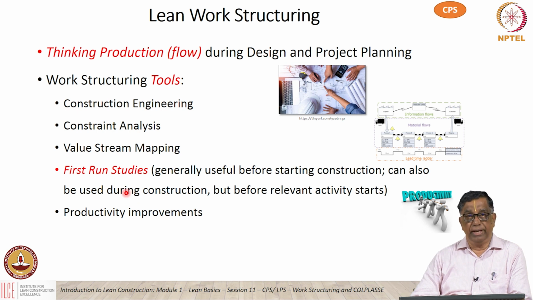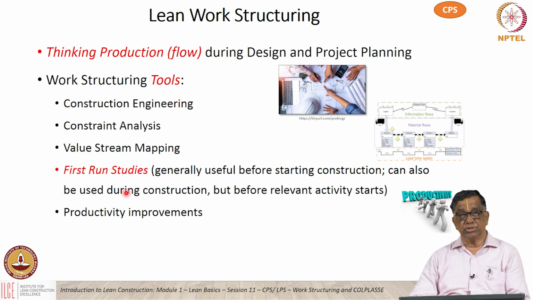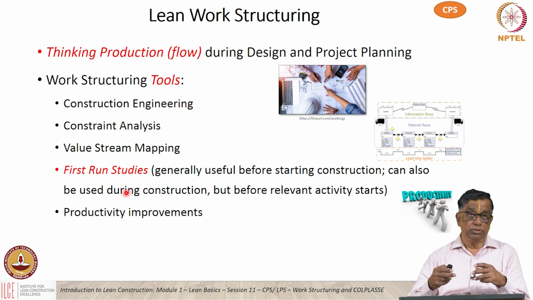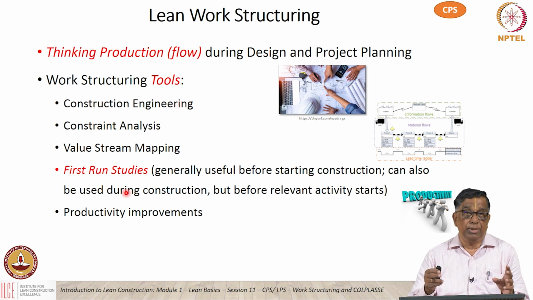Many people are not aware of what exactly construction engineering is. It is designing the construction methods and all the wherewithal we need as prerequisites for starting construction: the kind of equipment you need, the number of equipment, the productivities you are going to use, what kind of tools, what kind of labor, and even the temporary structures like formwork design. All these come under construction engineering. This is actually as important as your engineering for the permanent structures.